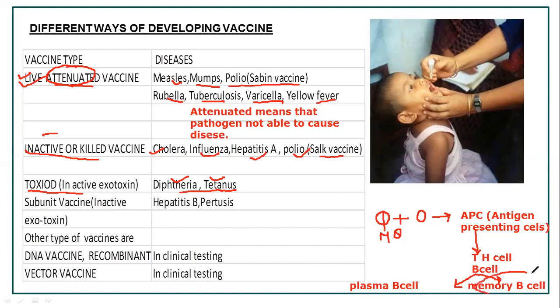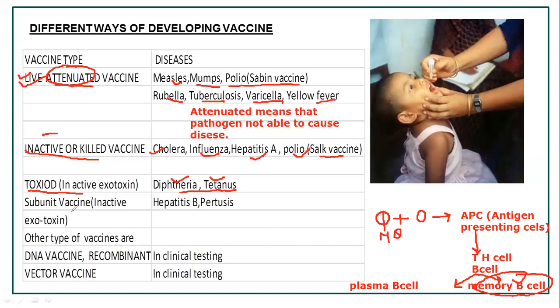This is the basis for our vaccination, that is, memory development of the infection, so that our immune system is able to attack if this type of pathogen comes during our lifetime, right?